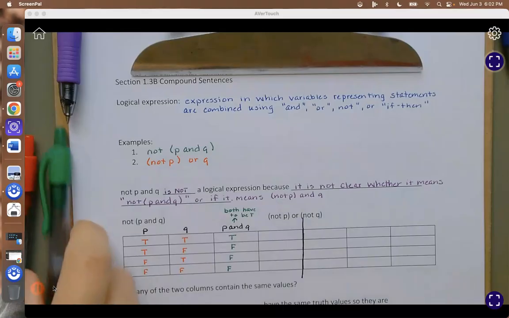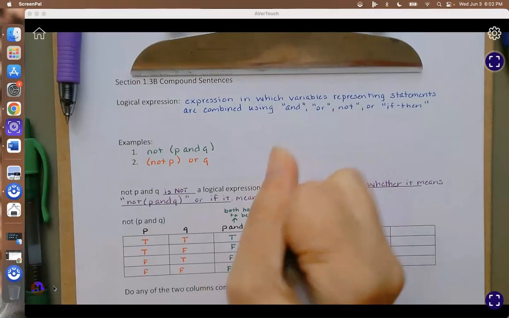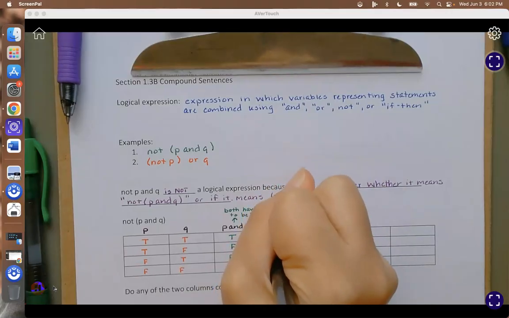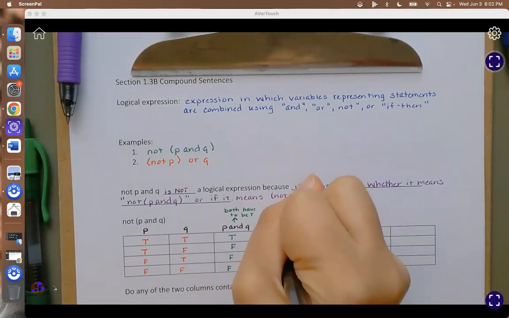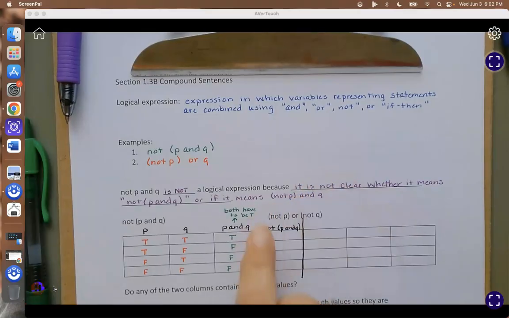Okay. Now what are we supposed to do to it? So the next thing we're supposed to do is not P and Q. So we're going to not this row because this is the P and Q row. Okay. So we're just going to not these.